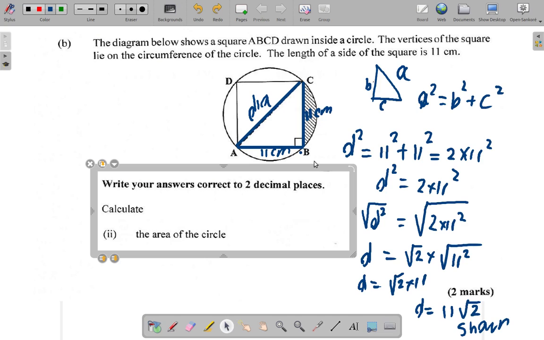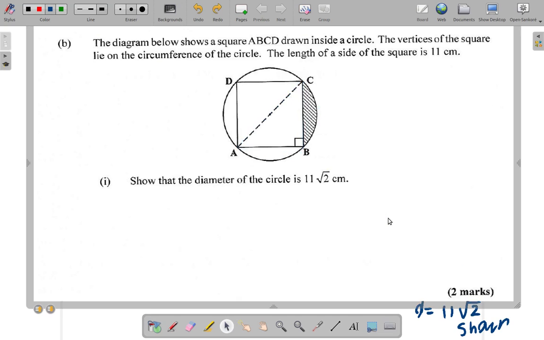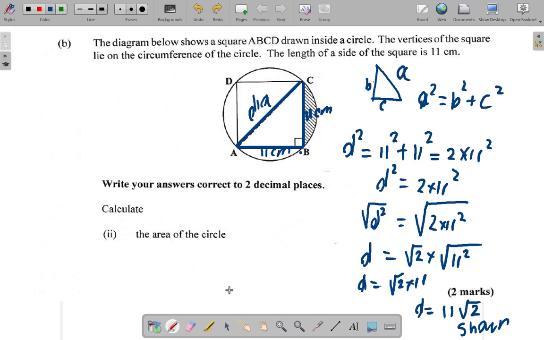And we want the area of the circle. I think we're going to need the 11 square root of 2. So let's just get rid of this DIA and write 11 square root of 2.